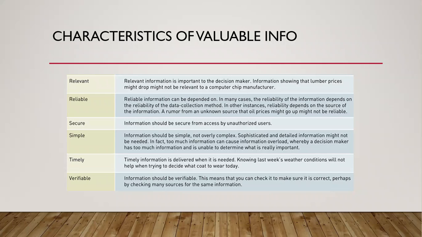Reliable means it can be depended on. In many cases, the reliability of the information depends on the reliability of the data collection methods. In other instances, reliability depends on the sources of the information. A rumor from an unknown source that oil prices might go up might not be reliable.